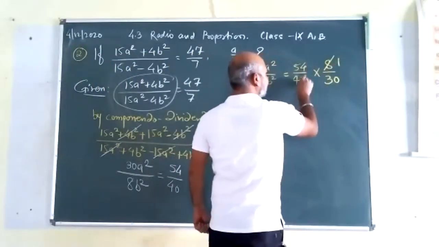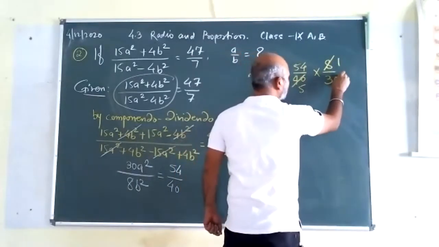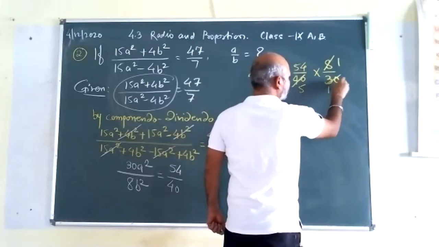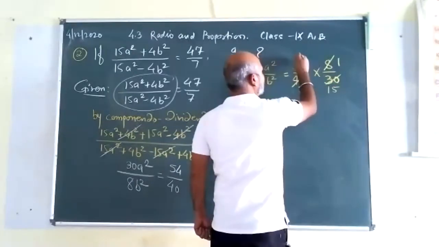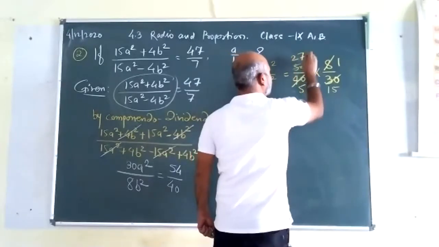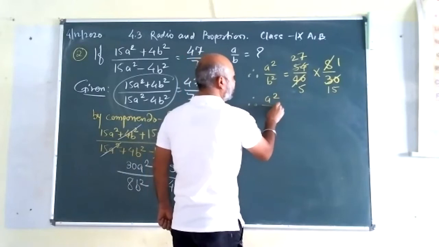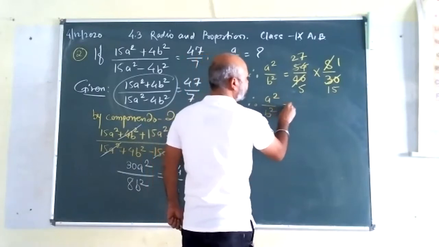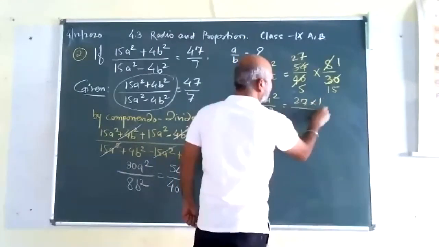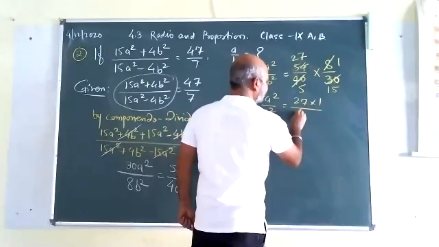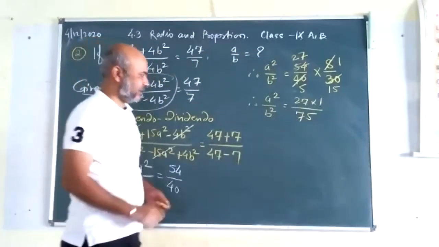8 1s are 8, 8 5s are 40. Then with 2, 2 1s are 2, 2 5s are 10. So therefore, what you will get? A square upon B square is equal to 27 into 1 upon 75.